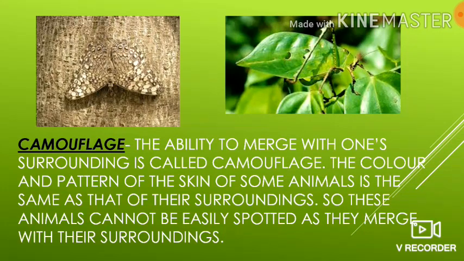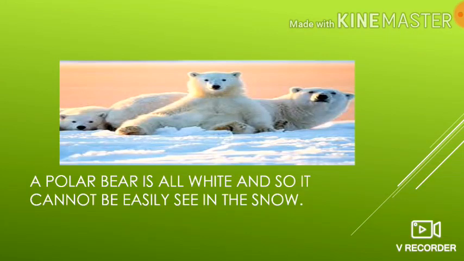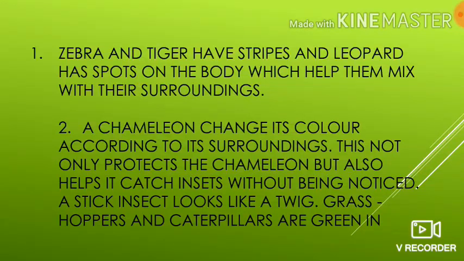A polar bear is all white, and so it cannot be easily seen in the snow. Next, zebra and tiger have stripes, and leopard has spots on the body which help them mix with their surroundings.